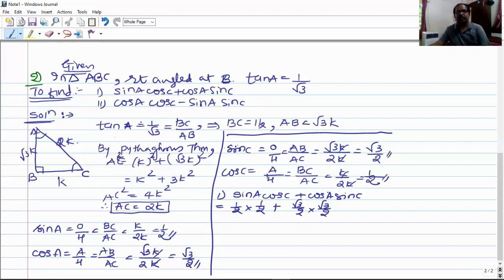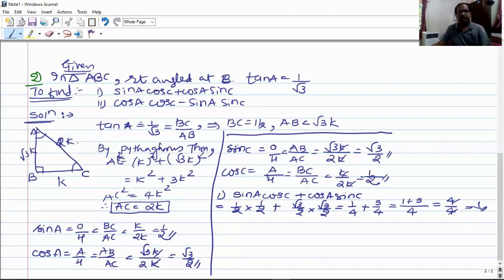Now 1 by 2 into 1 by 2 is obviously 1 by 4, and root 3 by 2 into root 3 by 2 will be 3 by 4. Since the denominator is the same, I keep the denominator as it is and just add the numerators. 1 plus 3 is 4, so 4 by 4, both are the same, gets cancelled, and we are left with only 1. Hence the value of the given expression sin A cos C plus cos A sin C is equal to 1.